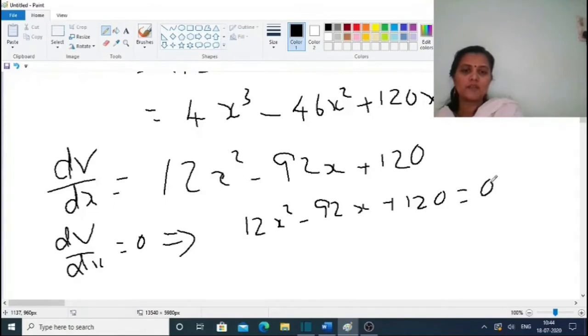We can cancel with 2, this is 6x square minus 46x plus 60. We can divide with 4 ... so 3x square minus 23x plus 30 equal to 0.